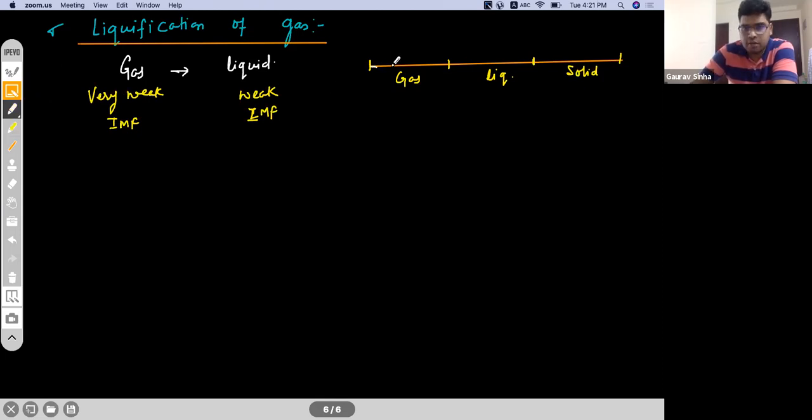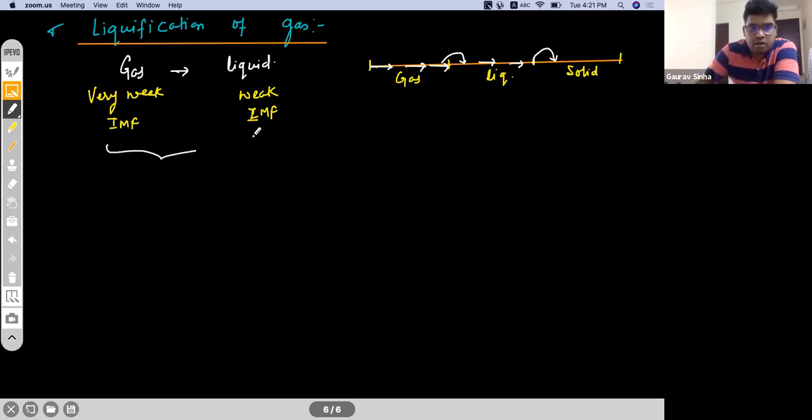You keep on increasing the intermolecular force, you'll get a point, and beyond this point the gas starts converting into liquid. Further you keep on increasing it, beyond a certain point liquid starts converting into solid. So the point is, when we have to convert gas into liquid, we have to increase the intermolecular force.